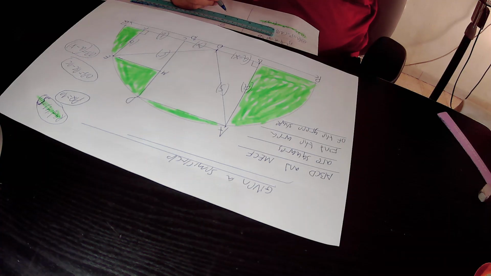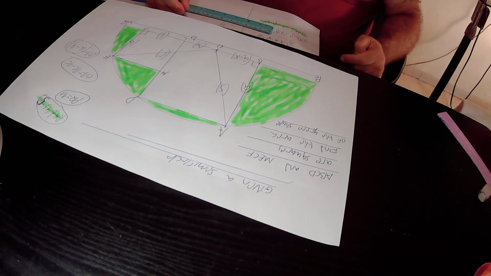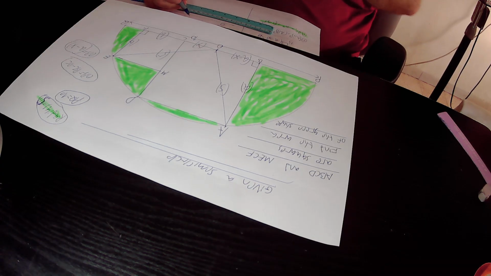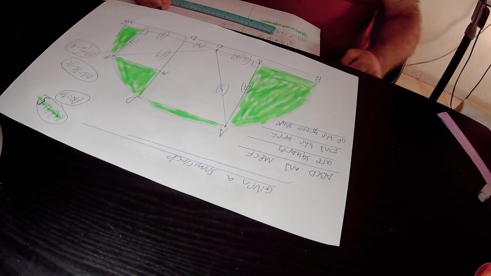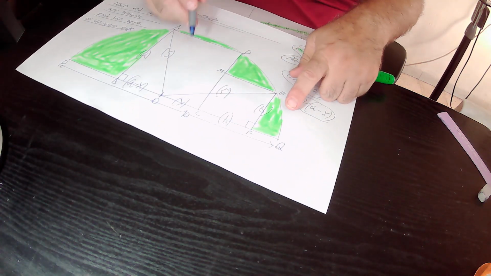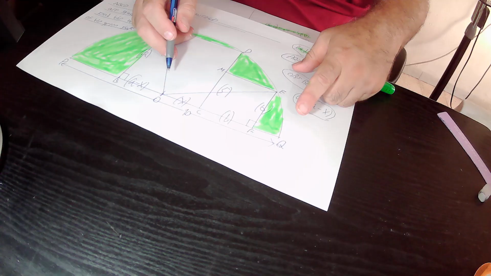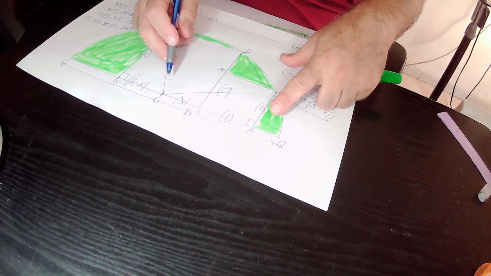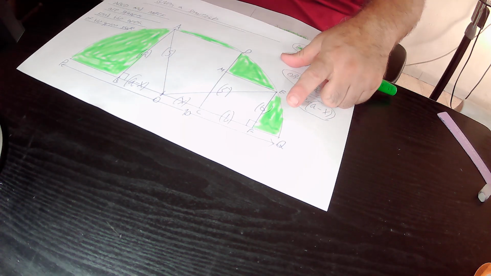The hypotenuse EO equals 5 units in length. That's also the radius of the semicircle. Side EF equals B units in length. What is the length of side OF of the triangle EOF? OF equals X plus B.